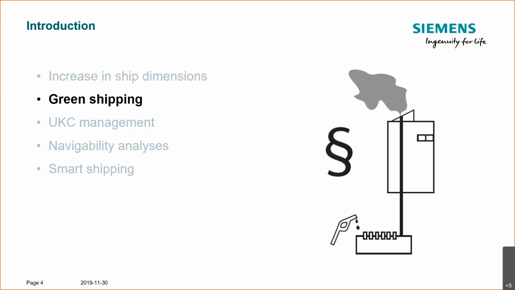Second, green shipping. So the introduction of regulations to limit exhaust gas and greenhouse gas emissions led to an overall decrease in power installation.